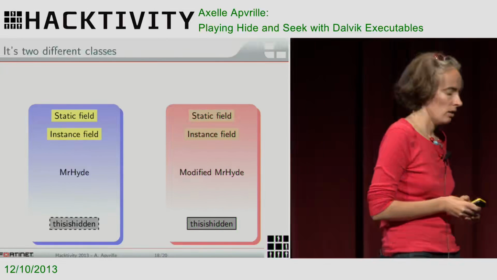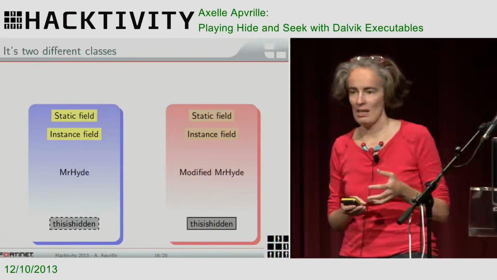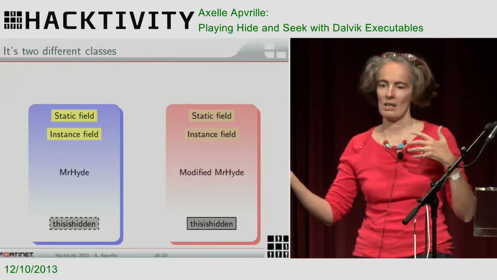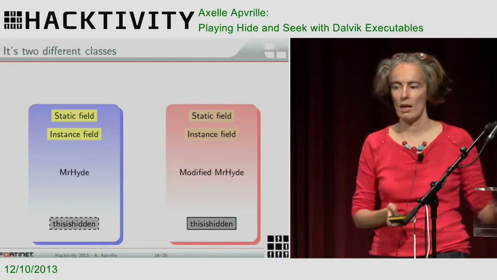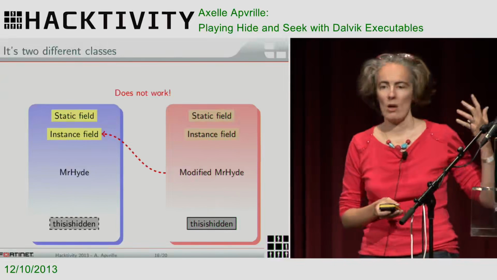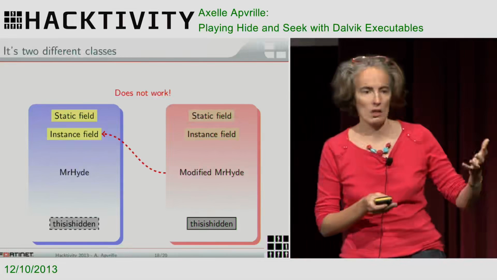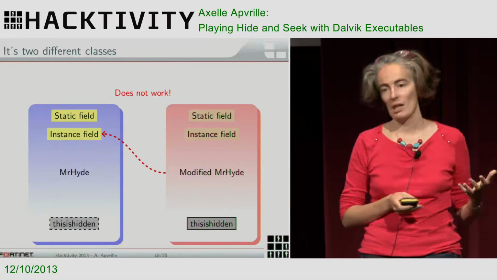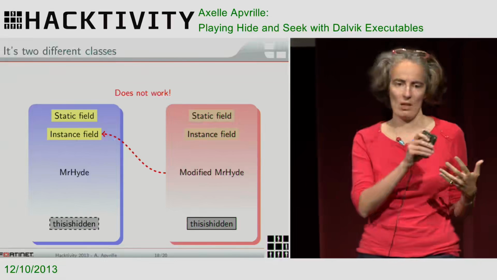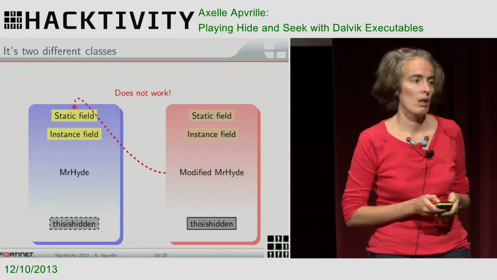And that means, at the development level, that from Mr. Hide 2 you cannot access the static fields of Mr. Hide 1. So, for instance, if I was storing the virtual personality of Dr. Jekyll in a static field, it would not work because with the modified DEX, I would not be able to modify the value of the field in the initial class.